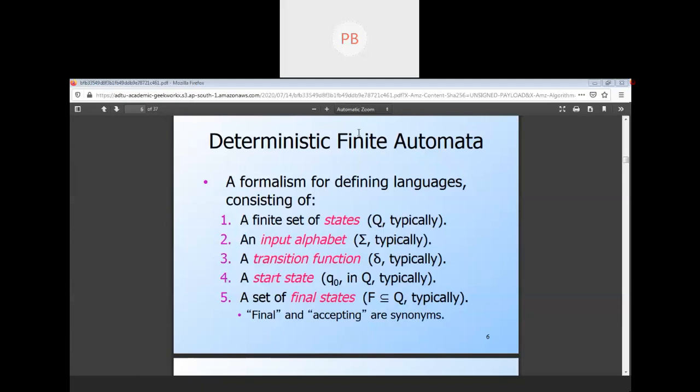Then, when we are discussing language, we have to say null value, empty set. The next heading is empty set.